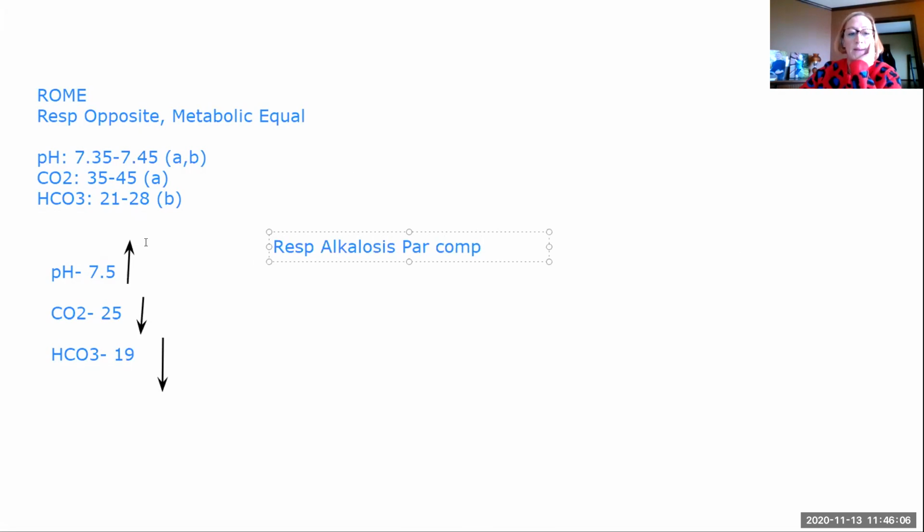So our respiratory arrows are opposite our pH, so we know it's a respiratory problem. We look at our bicarb. Is our bicarb becoming more acidotic to correct the alkalosis problem? Which it is, because remember, our bicarb is a base, so it's getting lower to become more acidotic. So it's trying to compensate, partially compensated.